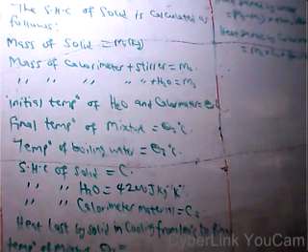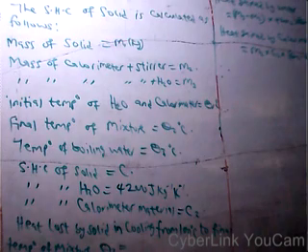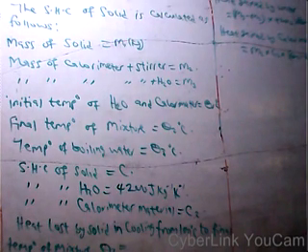Now, let me say this. Because we have different materials with different specific heat capacities, for instance copper has a specific heat capacity and aluminium has its own specific heat capacity.